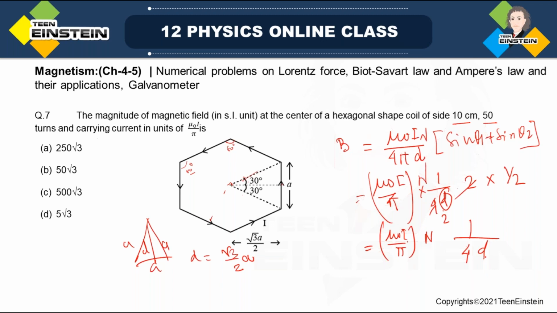So d is root 3 by 2 into a, and this is for only one side. So I'll substitute d here, so 2 will come up, over root 3 a.